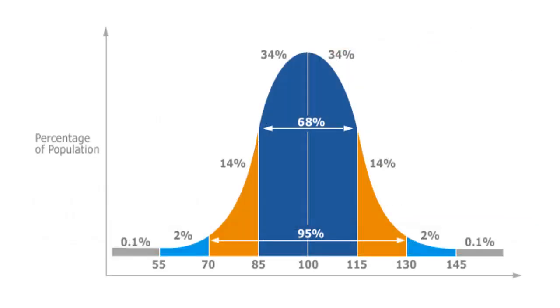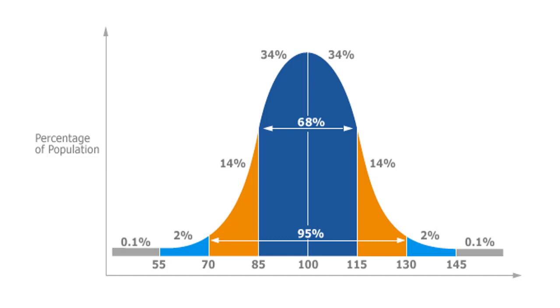Here's a different way to look at this distribution. This is a distribution of IQ test scores, and you can see that 68% of the population has an IQ between 85 and 115. And by the way, the average score of an IQ test is 100 because it's a norm-referenced value, and they set the average at 100.